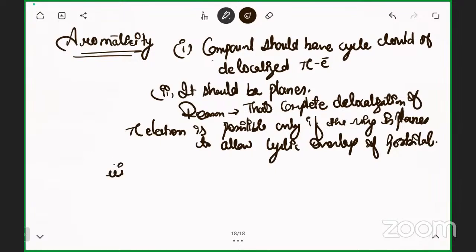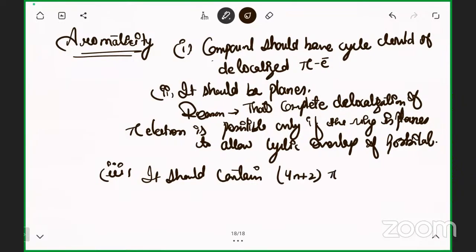And the third condition is it should contain 4n plus 2 pi electrons, where n is equal to 0, 1, 2, 3, etc. If we are using the system 4n plus 2 pi electrons and we are getting the value of n as 0, 1, 2, 3, not a fraction, not negative, then the compound is aromatic in nature.